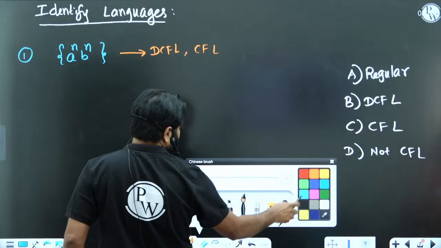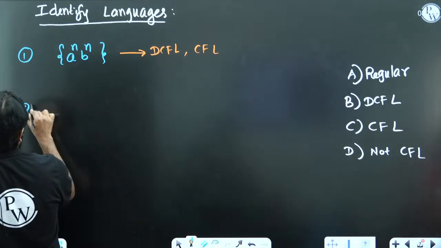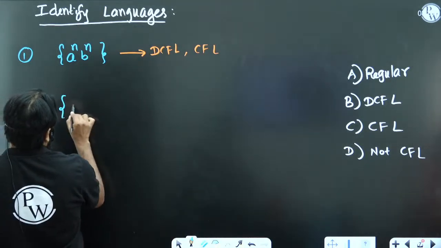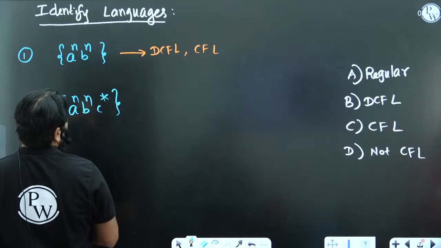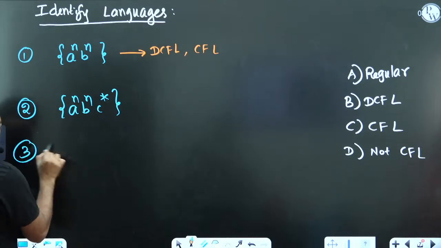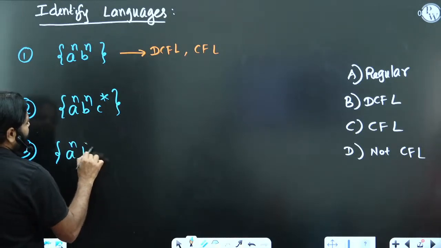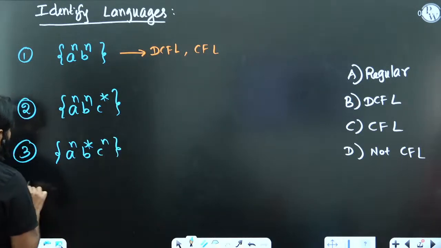Question 2. A power n, B power n, C star. A power n, B star, C power n.